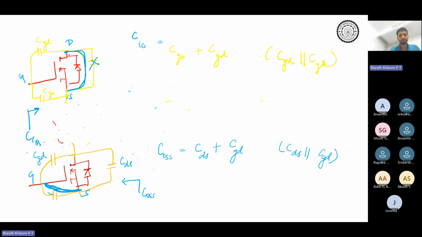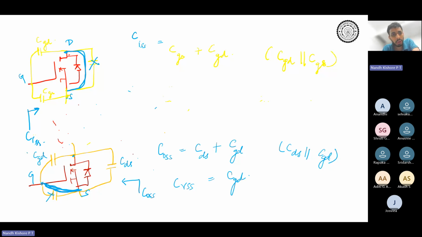Similarly, if you have to find the input capacitance, short the output side, and both the remaining capacitances come in parallel. And CRSS, or the reverse transfer capacitance, is basically this linking path, that is CGD, between drain and gate.